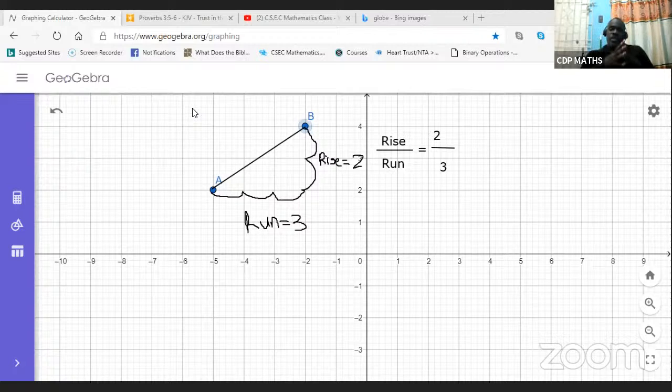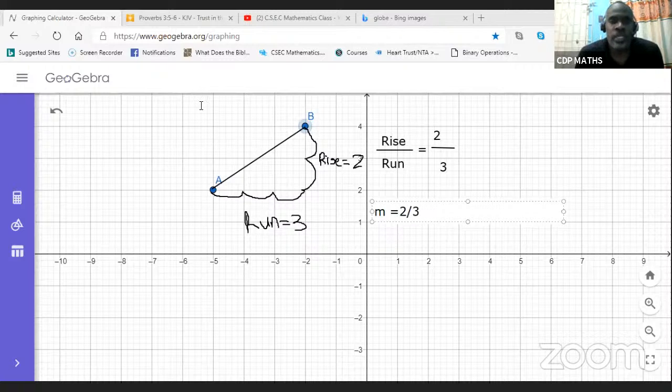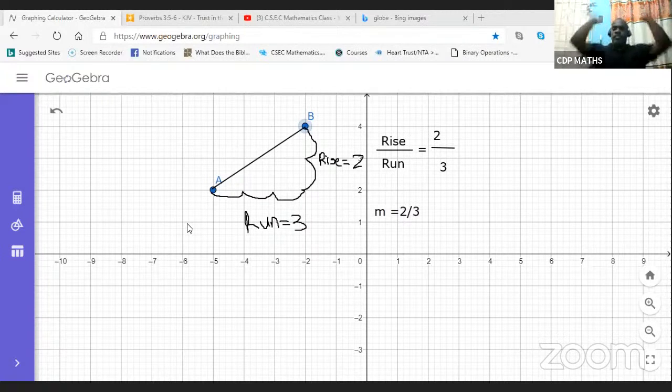If it's not divisible, you leave it as it is. So the gradient or slope is 2 over 3. The symbol used to represent the gradient is m. Simple.